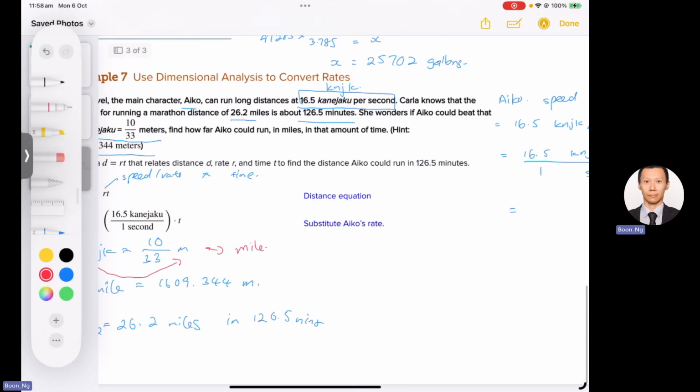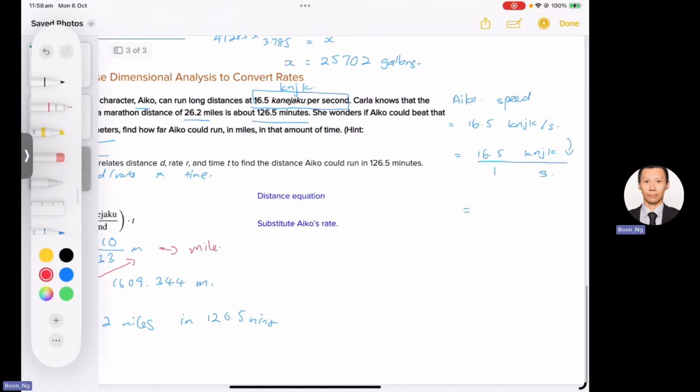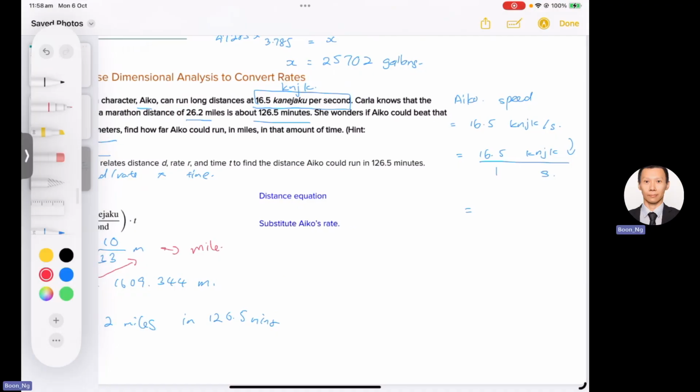Okay, so let's get the steps down. Step 1, Kanijaku to meter, and then meter to miles. Step 2, we need to convert the denominator in seconds to minutes. And step 3, we need to compare.